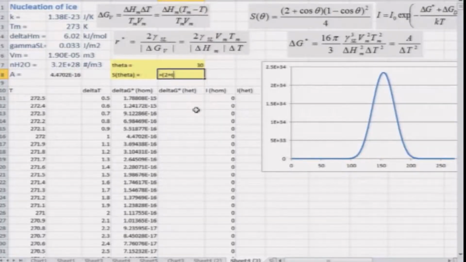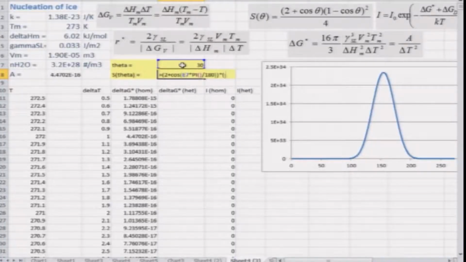2 plus cosine of theta, which is in cell E7, but I will have to convert this into radians, which means I must multiply by pi divided by 180. So, this is 2 plus cos theta, the outer bracket also has to be closed, multiplied by 1 minus cos theta squared.